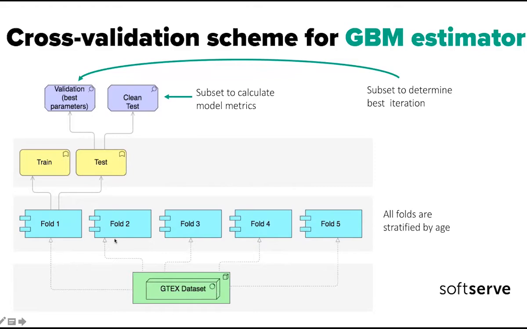So we have 5 folds, for example, and each fold would be split into the training data, which would be used for training, and the test data. But test data should be split into 2 more groups. Because GBM model is, I would say, a high-level model, the same as the neural network, it has a really cool parameter where you should not explicitly state the number of iterations GBM should do.